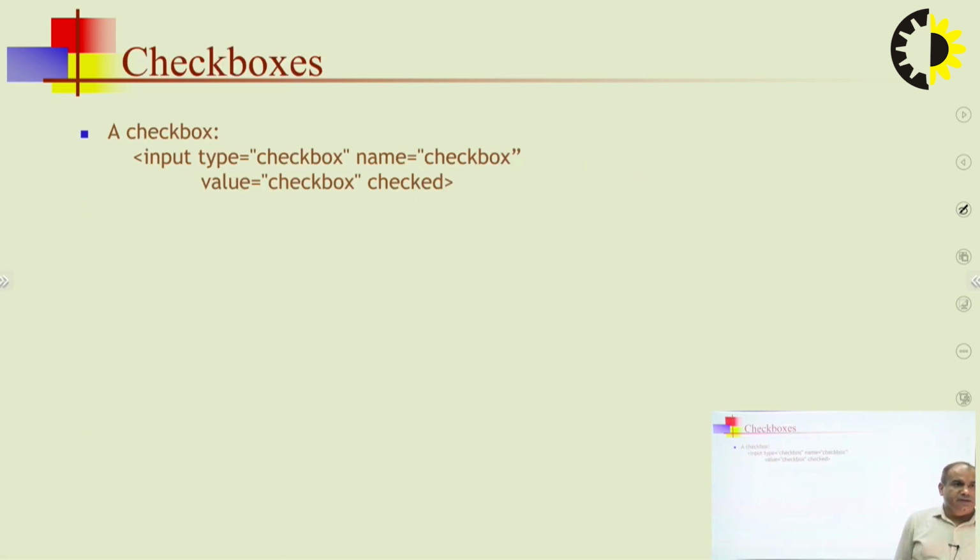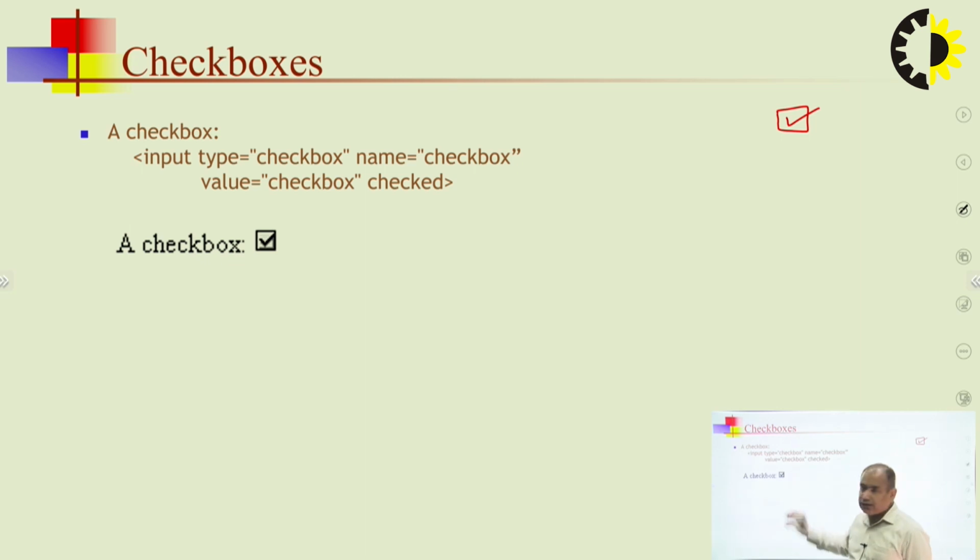Checkbox: a square with a tick value will appear. For that we use input type equal to checkbox, name equal to checkbox, value equal to checkbox. If we use checked, a default check will appear. Here you will see what a checkbox looks like.